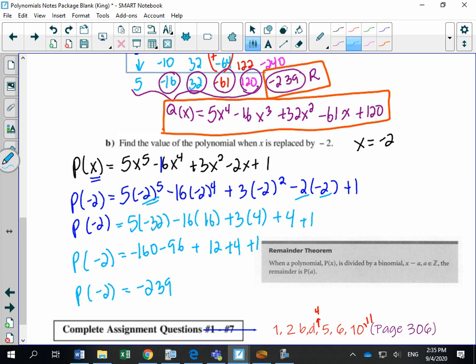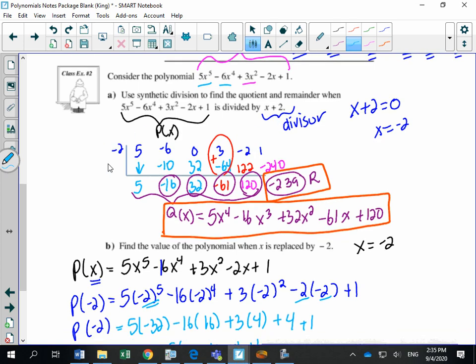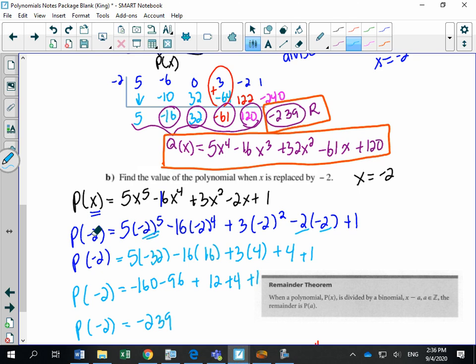Okay, so what I want you to see from question B is that when I substitute -2 in for x, and remember that -2 was the root of our divisor, what I get if I substitute it into the polynomial is this remainder of -239. So the remainder when I divide by x plus 2 is going to be the exact same value as when I replace x in my polynomial by -2.